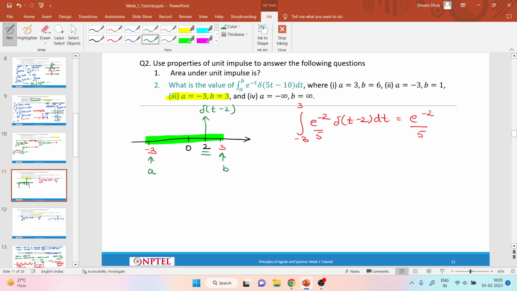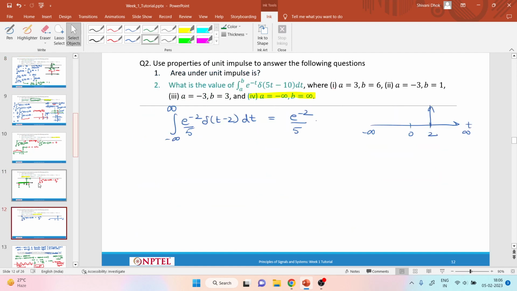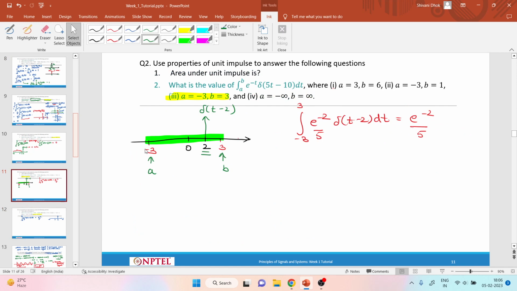So when this unit impulse is present between the limits, its area will always be equal to 1, and therefore integration over minus 3 to 3 will lead to this value. That is, if I write it as e power minus 2 by 5 integral from minus 3 to 3 of delta t minus 2 dt, this integral will be equal to 1, and that's why I am getting this value as the integral.